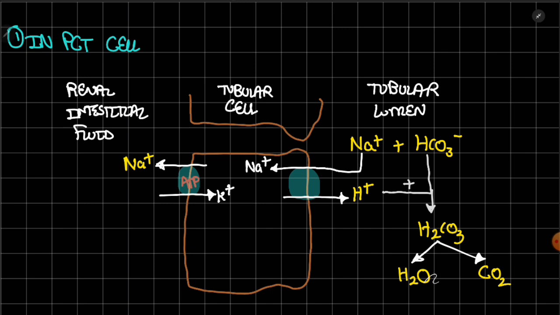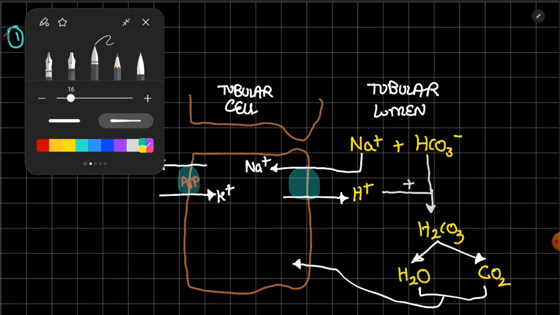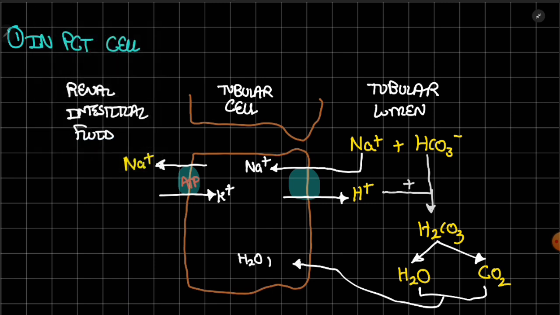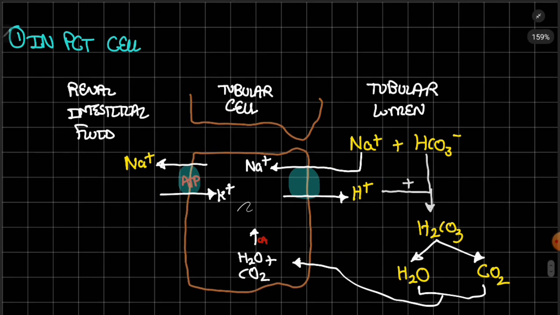Now this H2O and CO2 come into the cell. With the help of that enzyme, carbonic anhydrase, H2CO3 formation will occur.